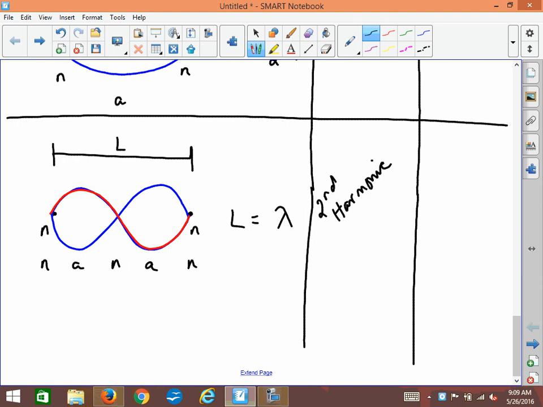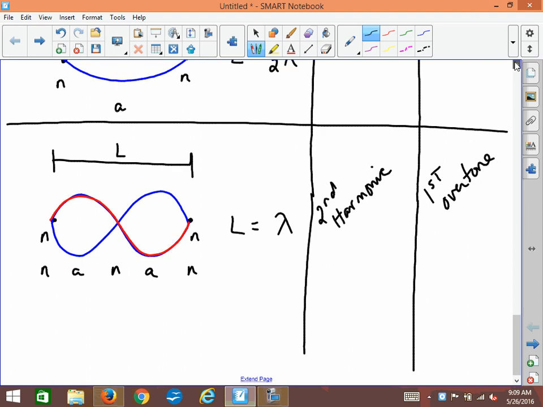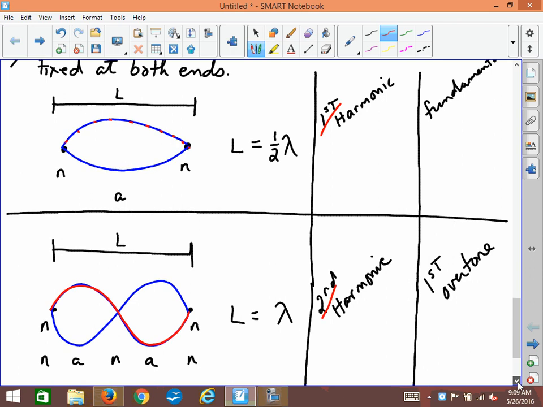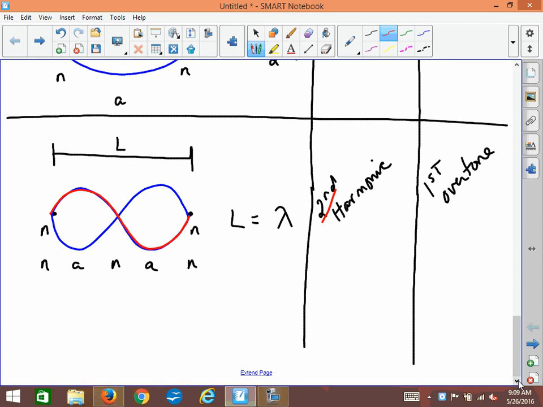In the music world, they call this the first overtone. You can see why we don't like the musical version very well, because the second pattern is called the first overtone. That's kind of confusing. In the physics world, we call the first pattern the first and the second pattern the second, so we avoid that confusion. But both terms are still widely used.